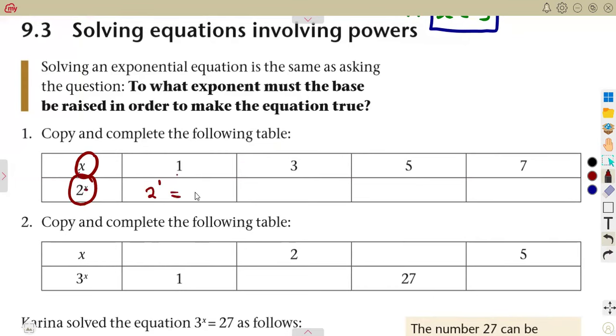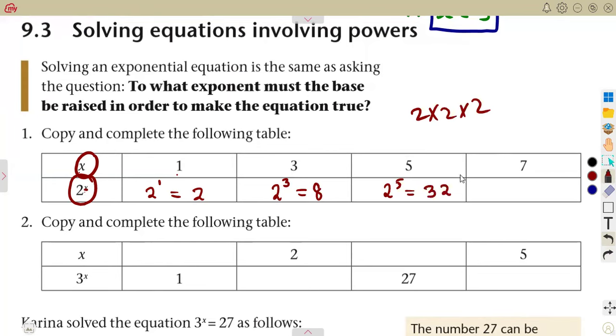So 2 to the exponent of 1 is what? That's a 2. Okay? Our x this time is 3. In place of x, you put a 3. 2 to the exponent of 3 is what? 2 times 2 times 2, 3 times, or just use a calculator. That will be 8. Same thing, 2 to the exponent of our x, which is 5. You multiply 2 five times, you are going to obtain 32.